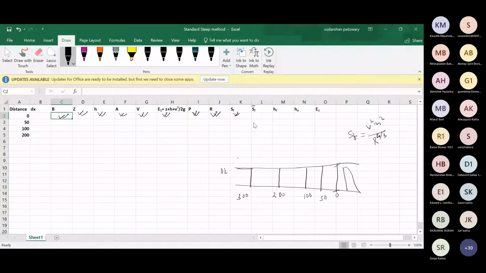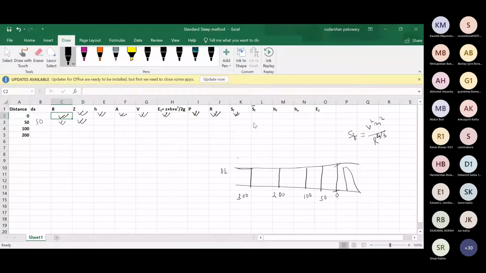Now next, this is delta X. How much is this? It is 50 minus 0, it is 50. This value is known now. Which of this channel's quantities are known always? Z is known, the elevation.